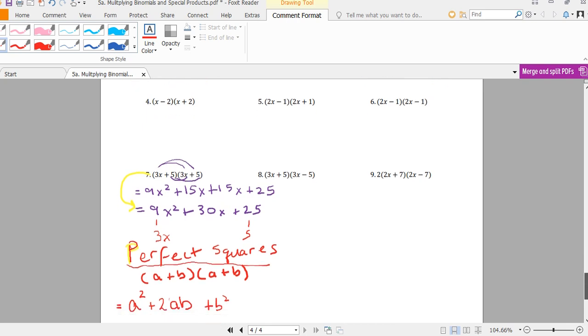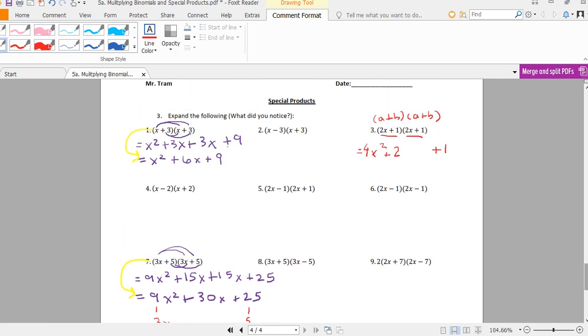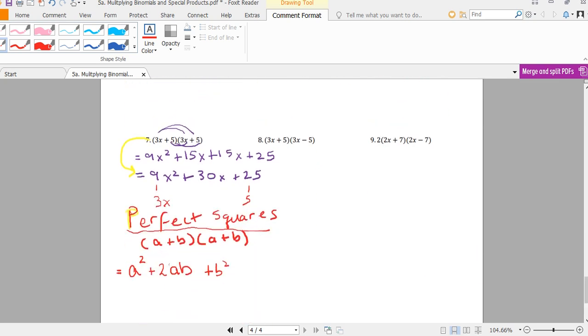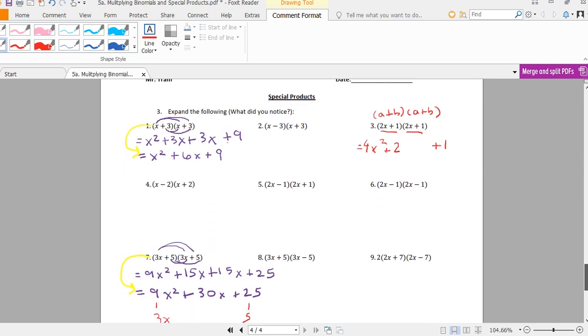You can see that the first term is A times A, A squared. Last term is B times B, B squared. And then the middle term is just 2 times AB.